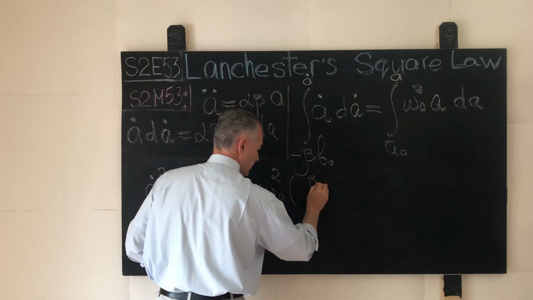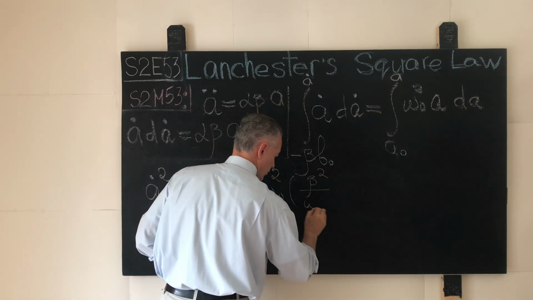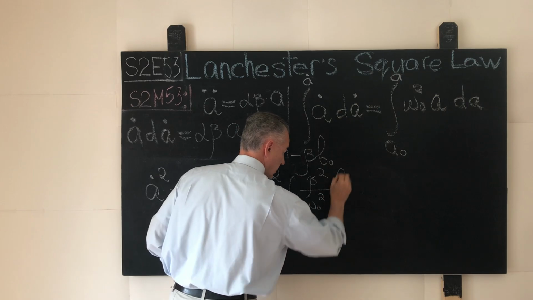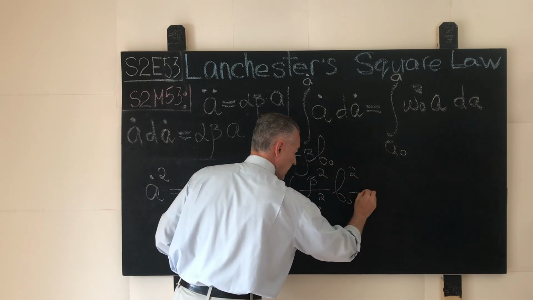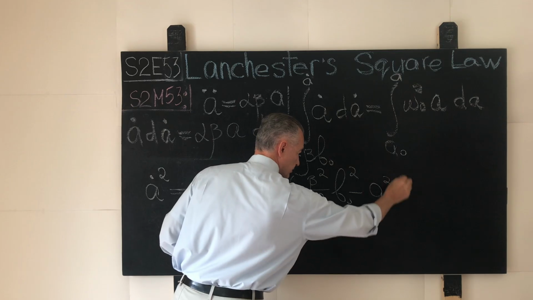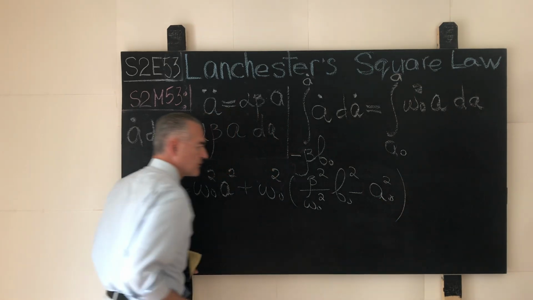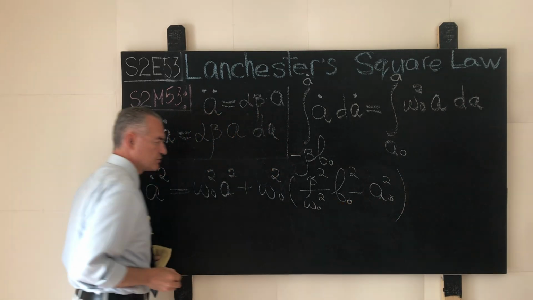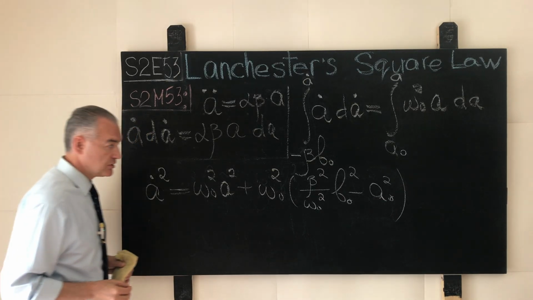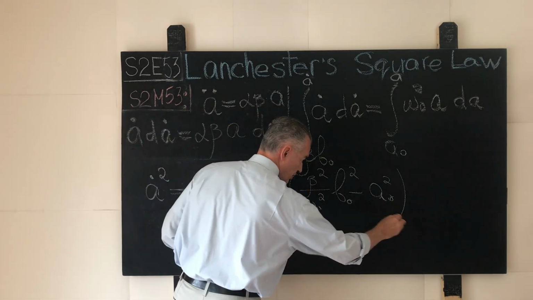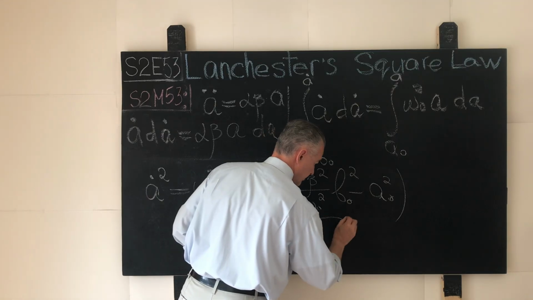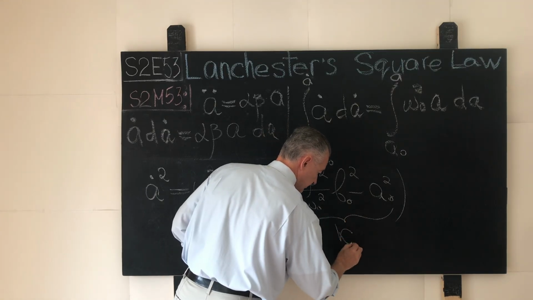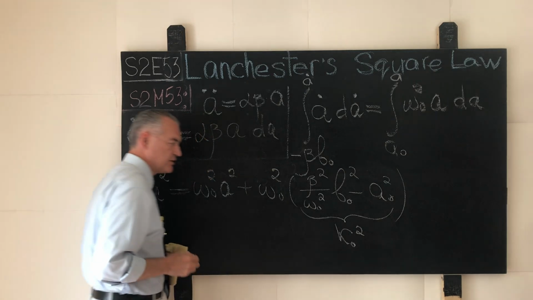And what do we have here? Beta squared over omega_0 squared b0 squared minus a0 squared. Nothing complicated, middle school arithmetic. Now, in order not to drag this monstrosity around, I will designate it as k0 squared, another constant.